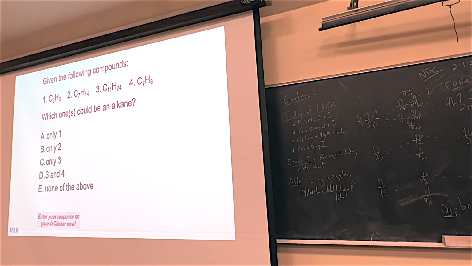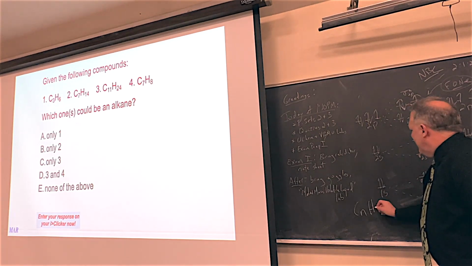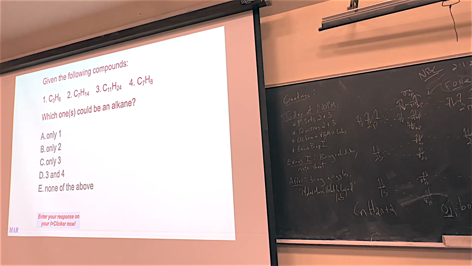Now, there's some formulas that tell you what the different compounds are. And this can be kind of handy, because some of you will work on some compounds that I have no idea what they are. But if the formula is CnH2n+2, then I will know it's an alkane.